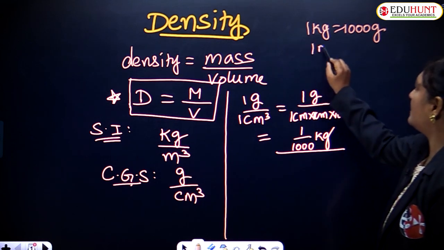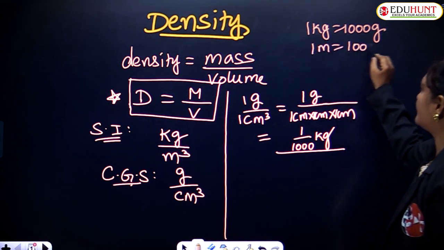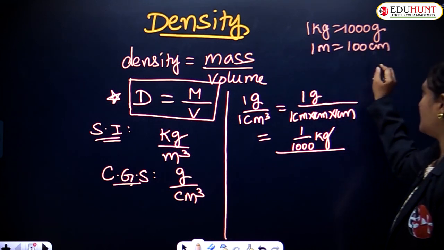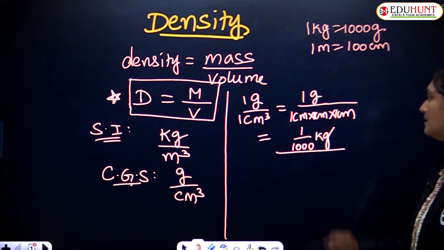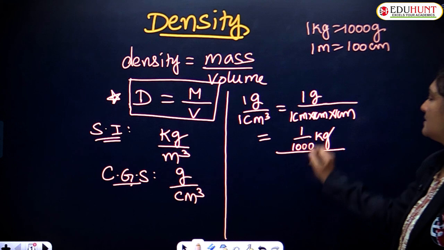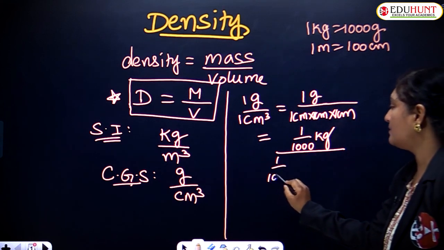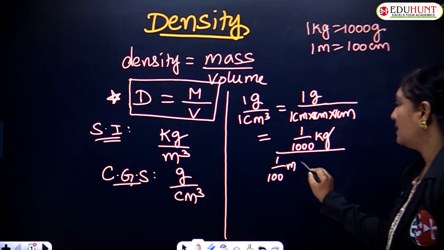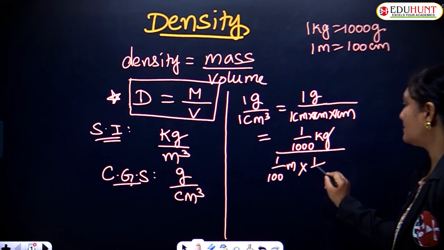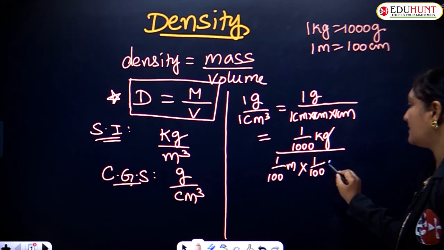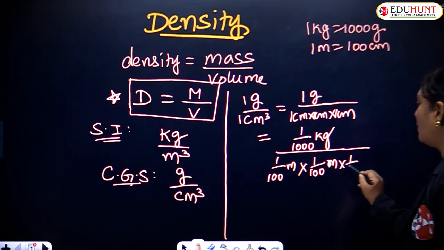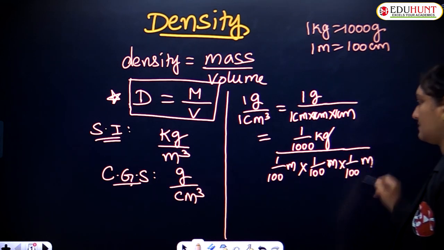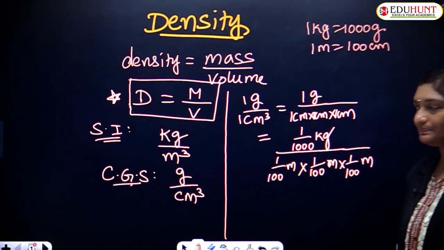As we know that 1 meter is equal to 100 centimeters, 1 centimeter is equal to 1 by 100 meters. So, instead of each centimeter, I can write 1 by 100 meters, three times. Are you getting me, children?